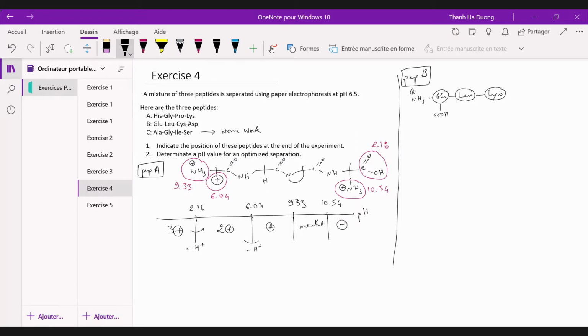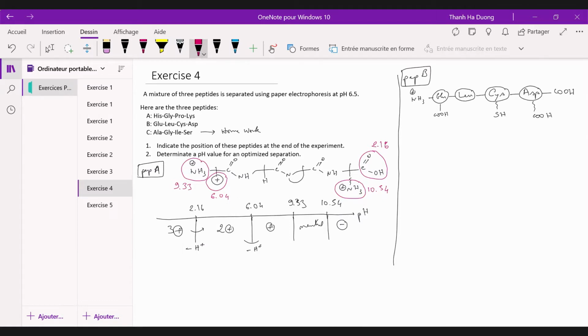No, sorry, it's cysteine. Cysteine, you know there is a thiol group. After that you have aspartate at the end, because this is the last amino acid. You will have the carboxylate group and the side chain of the aspartate.